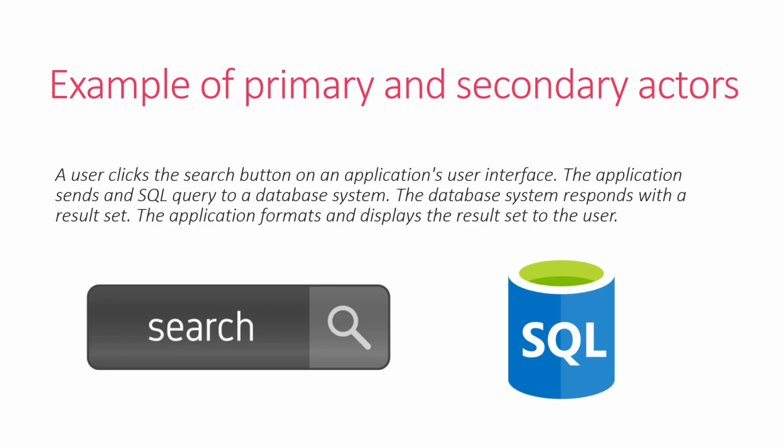In this scenario, the user is the primary actor because he initiates the interaction with the system, in this case the application, and the database system is the secondary actor because the application initiates the interaction by sending an SQL query and the database responds to that action.